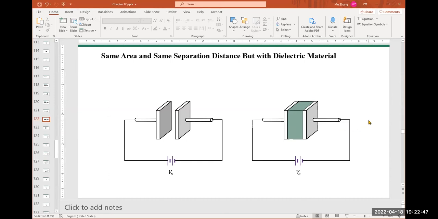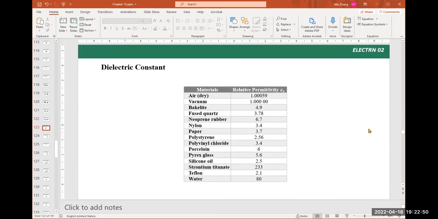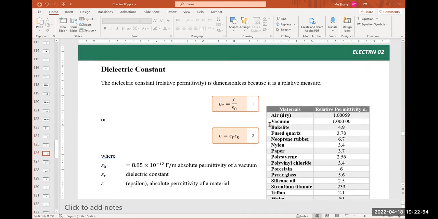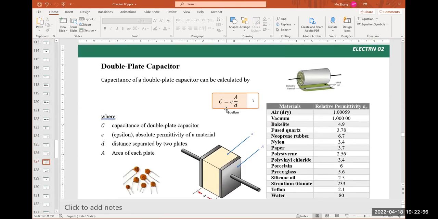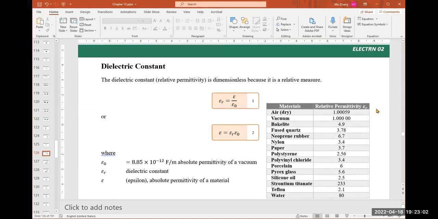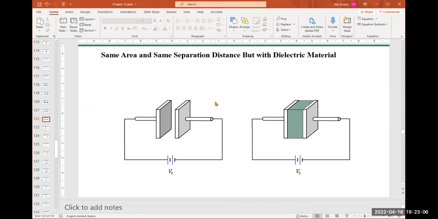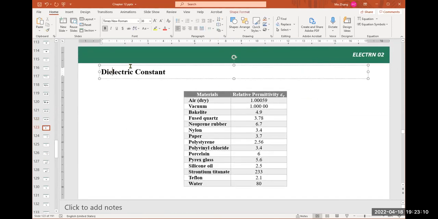So now we have three things. We're gonna put them together and then make a formula. That formula is this. However, we're gonna cover this formula just in a few minutes. We skip some slides. So the third thing is called dielectric material and then dielectric constant.